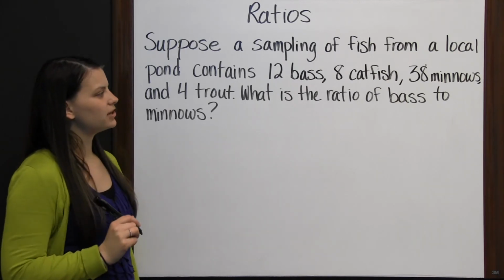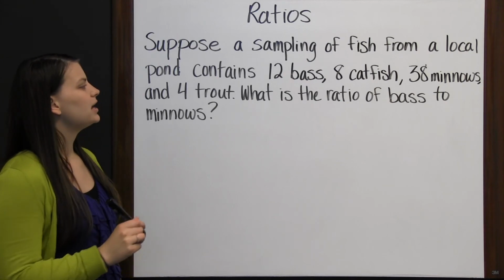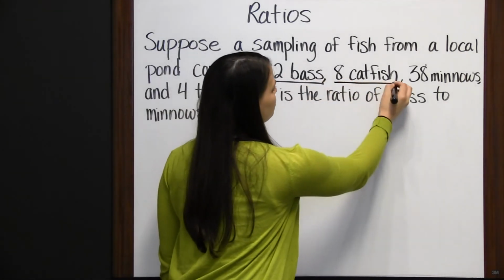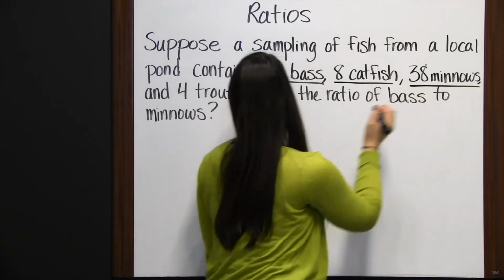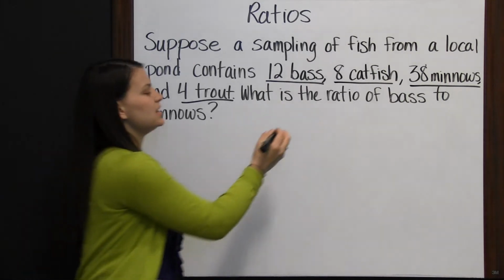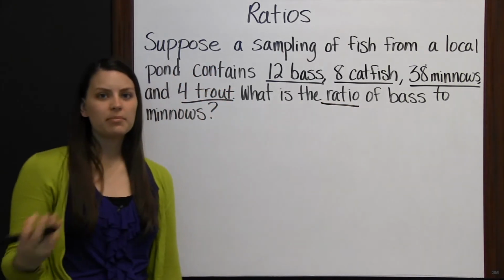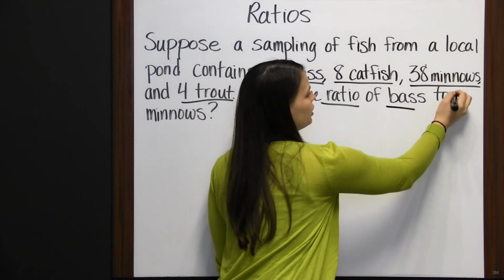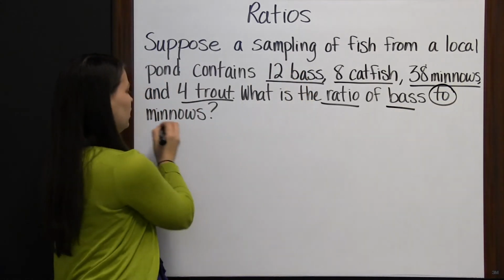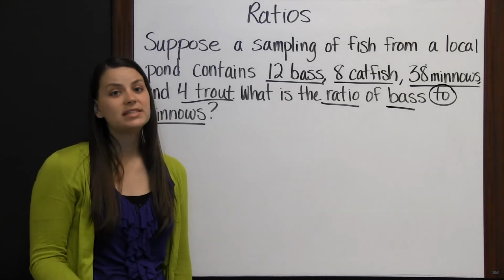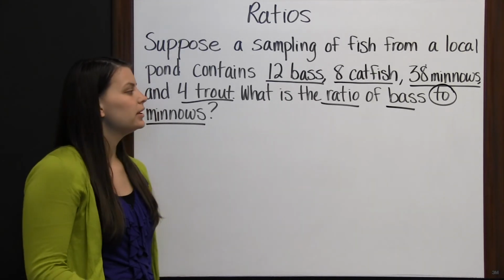Suppose a sampling of fish from a local pond contains 12 bass, 8 catfish, 38 minnows, and 4 trout. What is the ratio, so the comparison of two numbers, of bass to minnows? Now, when they ask you this question, they're telling you exactly how to set your ratio up.